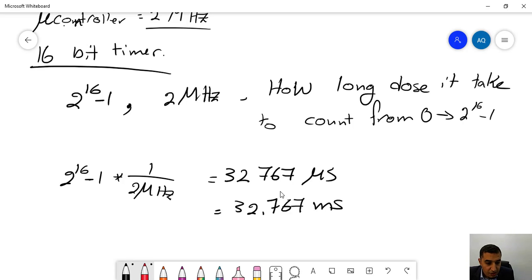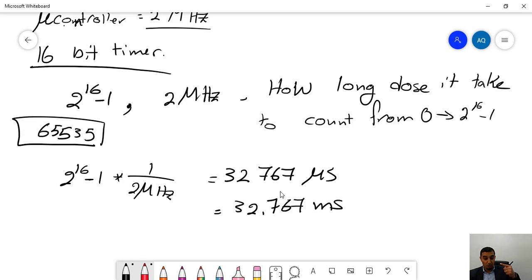So each time your microcontroller counts from 0 up to 65535, which is 2 to the power 16 minus 1, it takes 32 milliseconds. So how many times do I need to count to 65,535 in order to reach 1 second?